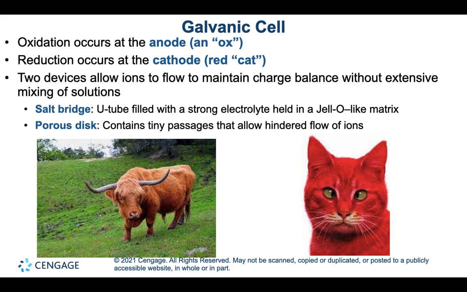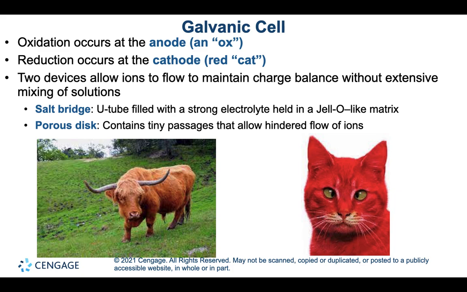So a salt bridge would simply be like a U-shaped tube filled with a very strong electrolyte, something with a lot of ions in it. And the ions might be held in some kind of jello-like matrix where it doesn't just pour out of the U-tube.